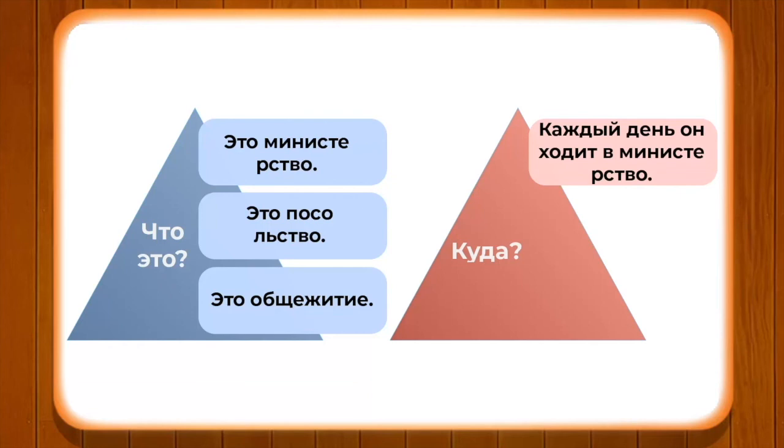The expression каждый день is repetitive movement, so we will choose a verb of motion from group 2, in this case ходить. Каждый день он ходит в министерство. You can also say: мой брат каждый день ходит в министерство.